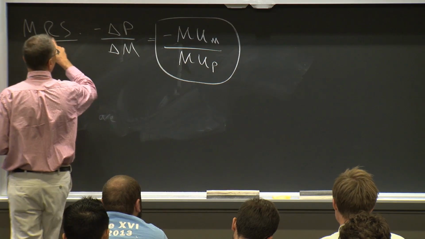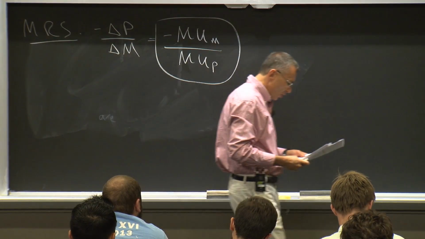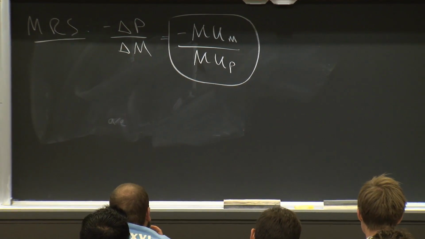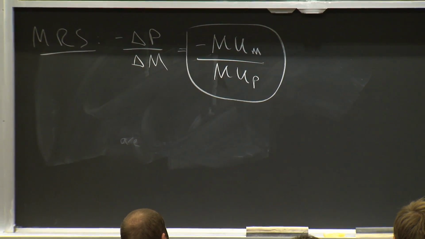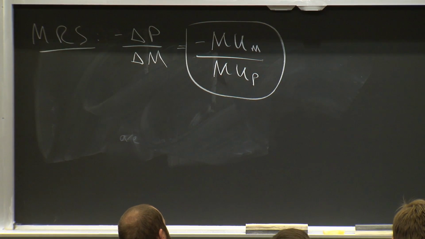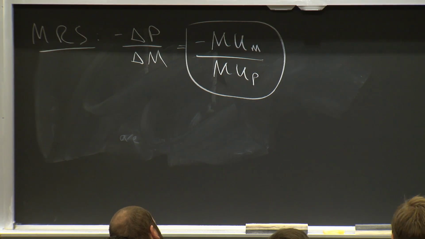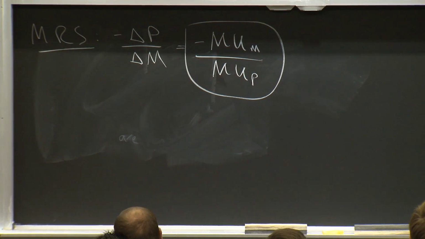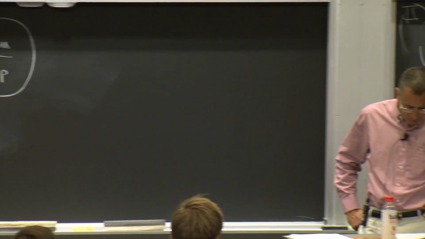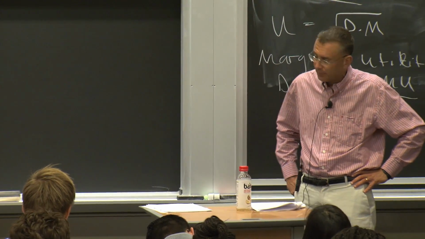Okay, so the marginal rate of substitution equals minus the marginal utility of movies over the marginal utility of pizzas. So basically the marginal rate of substitution is telling you, what is it telling you intuitively? It's telling you how the marginal utility evolves, how your preferences evolve as you move down the indifference curve.